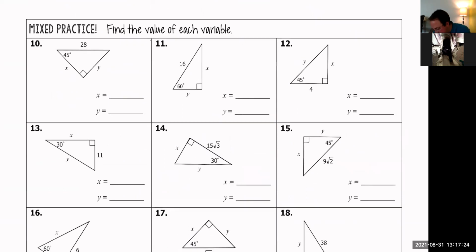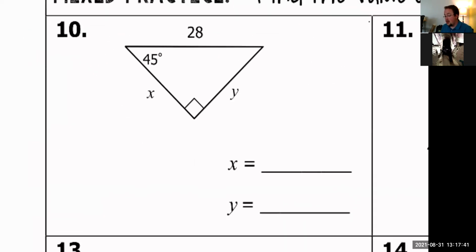So some mixed review here. I would warn you, when it says mixed review, that means there could be 45, 45, 90s or 30, 60, 90s. You need to get in the right frame of mind first before you dive right into it. With the first one, it's the 45, 45, and you know that because you see the 45.